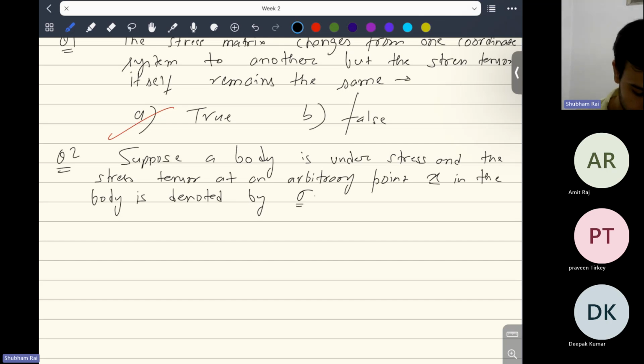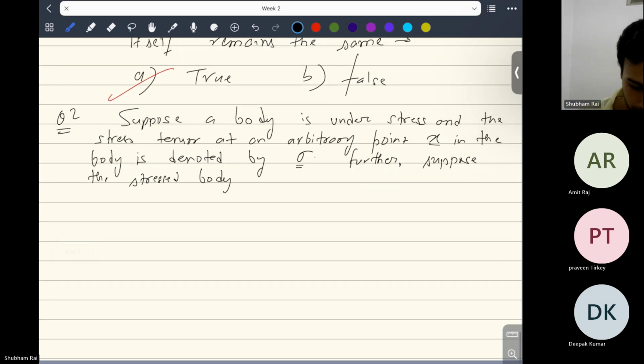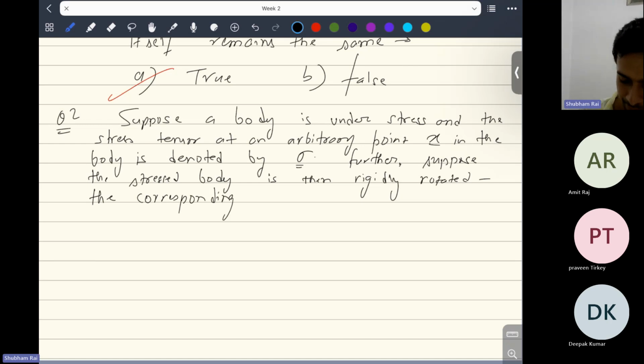This you already know. Further, suppose the test body is then rigidly rotated. The corresponding rotation tensor is defined by R. So you are doing a rigid rotation.